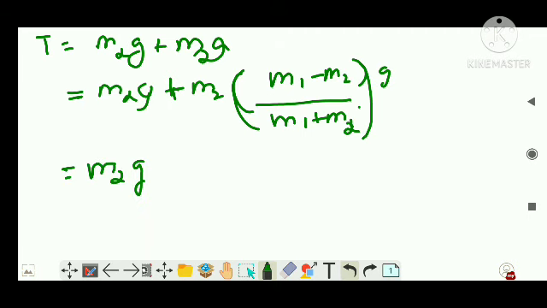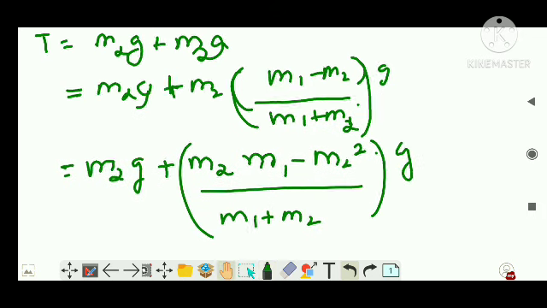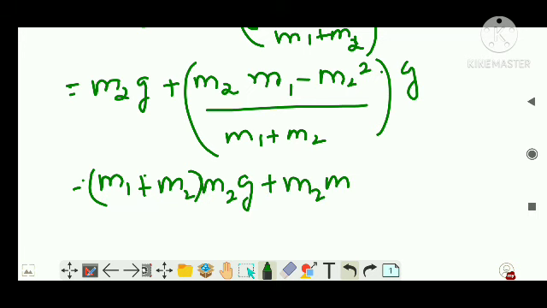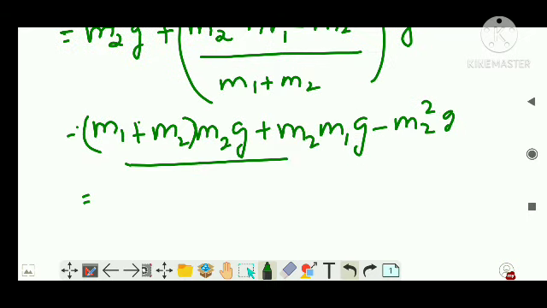m2g plus m2 m1 minus m2 squared divided by m1 plus m2, all multiplied by g. Or I can write it as m1 plus m2 into m2g plus m2 m1g minus m2 squared g, with the denominator m1 plus m2.